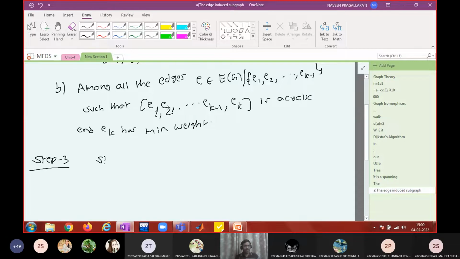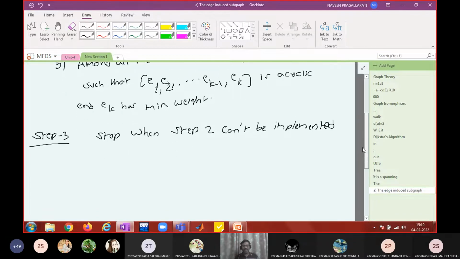Stop when step 2 cannot be implemented. I think that is the reason why my professor did not assume connectedness. If you cannot implement the step, it means there is a cycle.